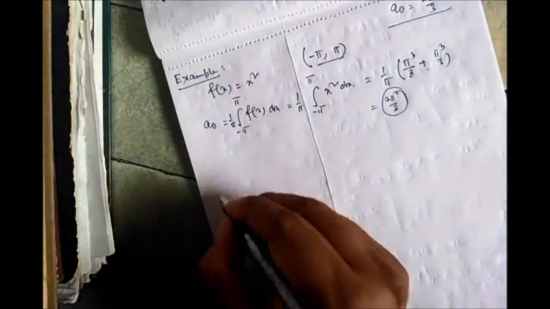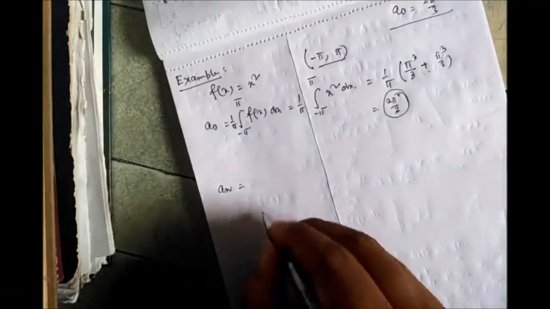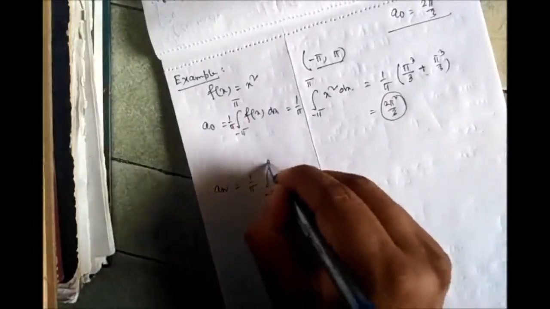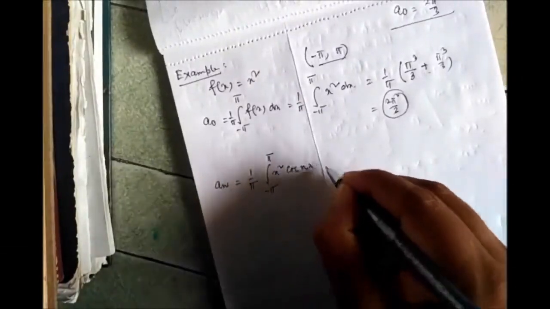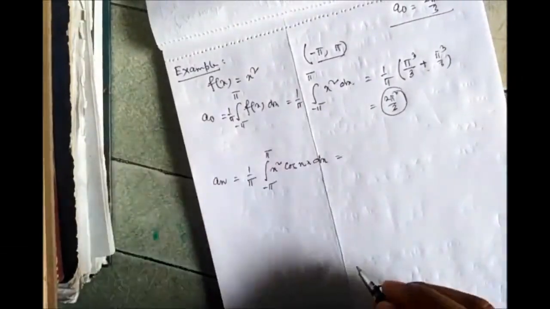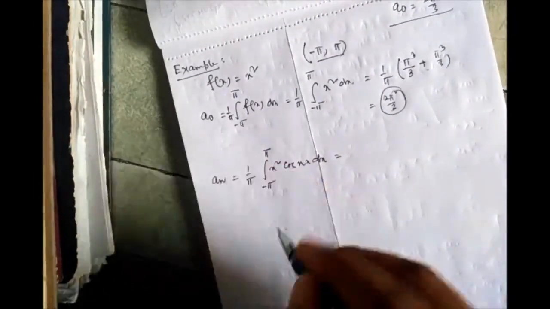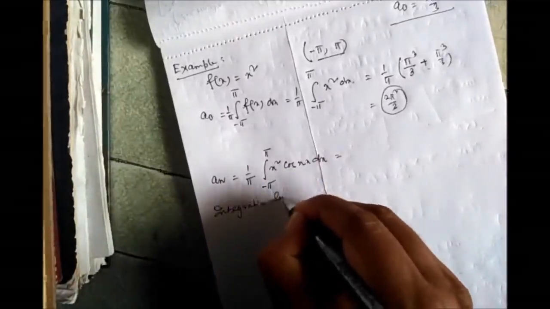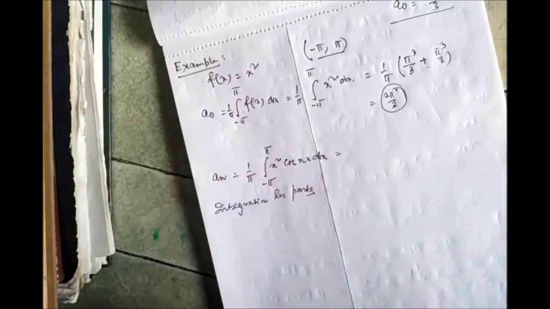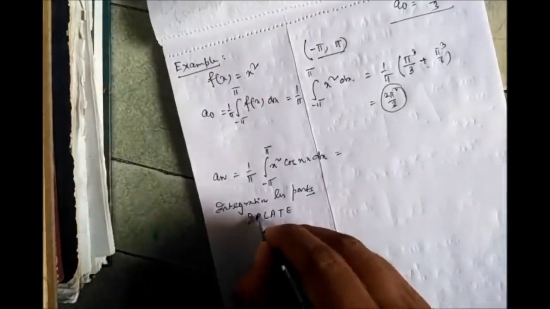Now come to the part An. So An is 1 upon pi integration minus pi to plus pi f(x) cos nx dx. So I apply integration by parts here and use the formula ILATE.